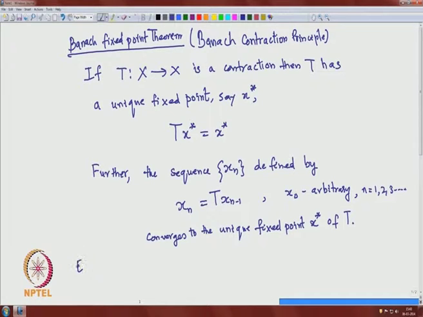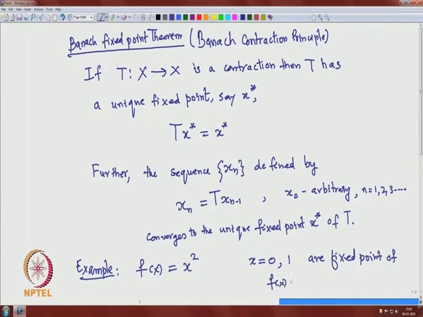So, just an example of a fixed point. If I have a function f(x) is equal to x square, obviously x is equal to 0, f of x is equal to 0 square, that is 0, and x is equal to 1 are fixed points of f(x) equal to x square.